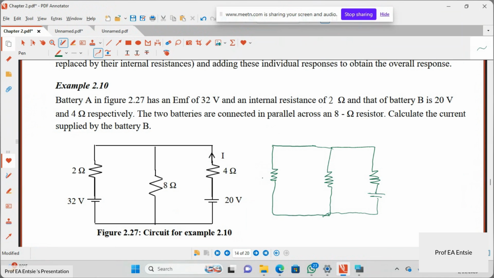Here will be 2 ohms, as it is in the question. Here will be 8 ohms. Here will be 4 ohms. Then here will be 20 volts. So I've short circuited the 32 volt source.